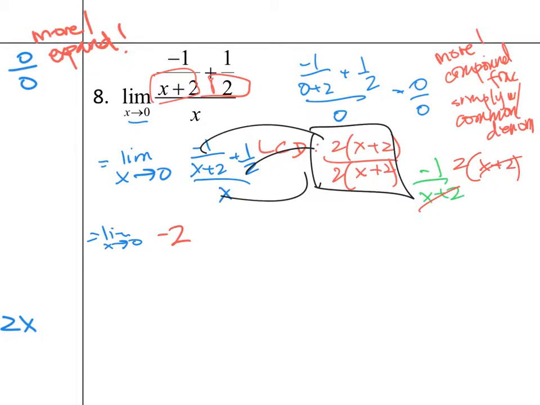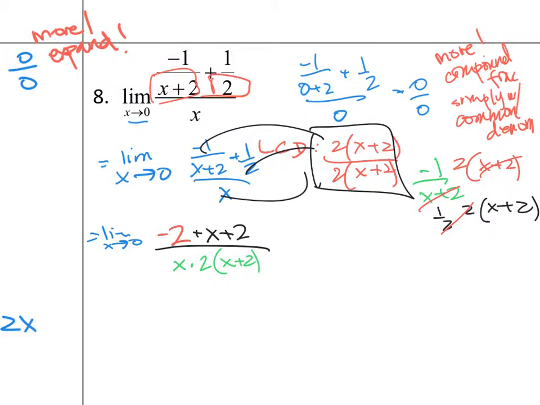Now the next one, the 1/2 times the common denominator. These go to 1, and I am just left with the x plus 2. Now the denominator times the common denominator, you are left with the x times the common denominator.